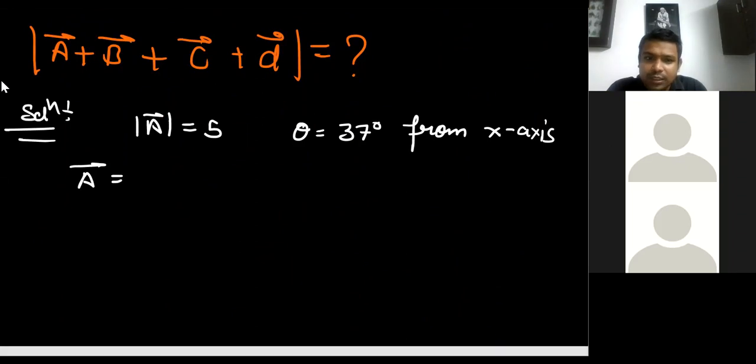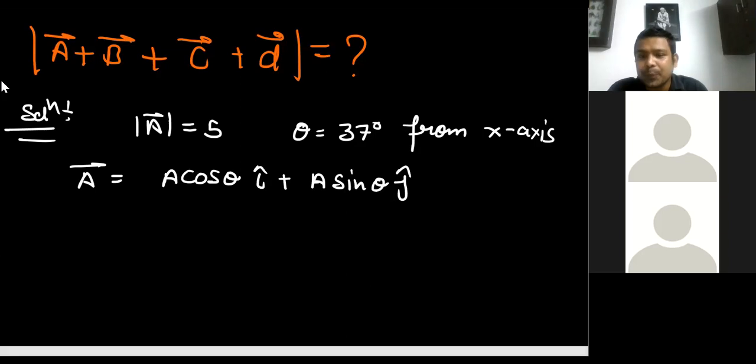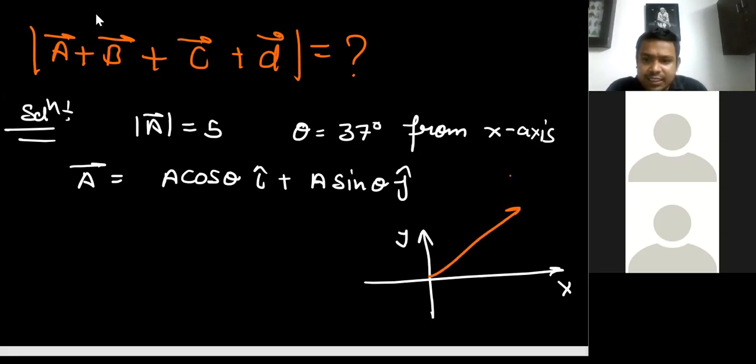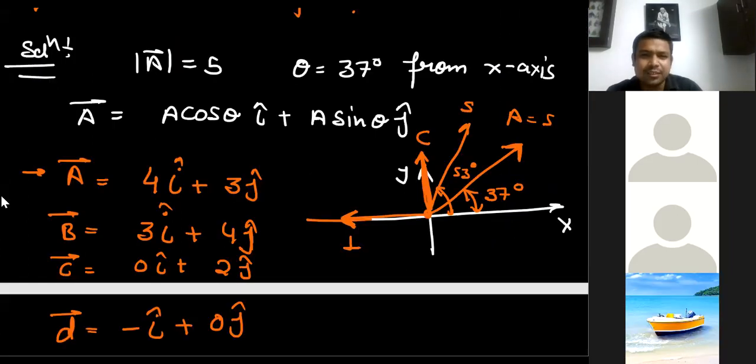This is A cos theta i cap plus A sin theta j cap. This is an important formula. If this is the x-axis, this is the y-axis, and vector A is 5 at angle 37, what is the x component, my dear? Four.